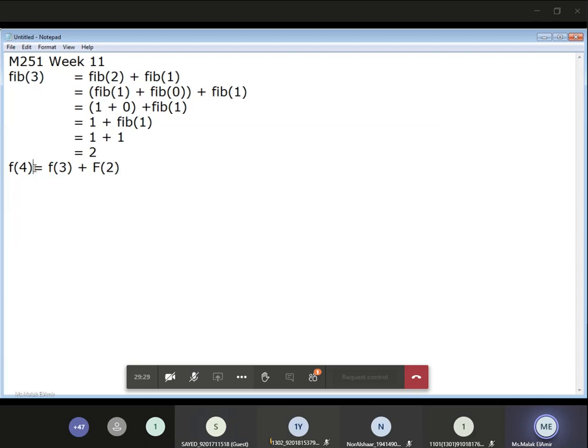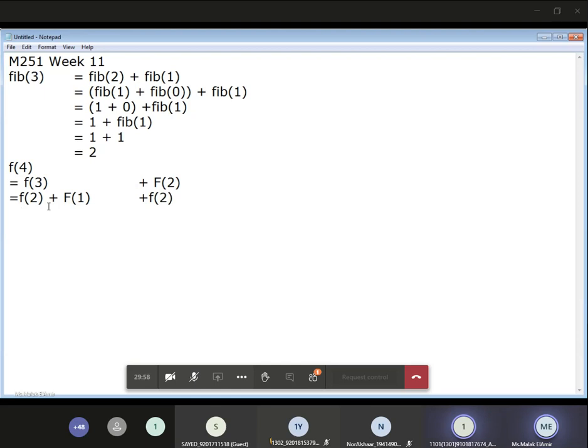I'll write it like this so it's clear. Fibonacci of 3 will be Fibonacci of 2 plus Fibonacci of 1. Right or not? Plus Fibonacci of 2. Okay? What is the expansion of Fibonacci of 2?